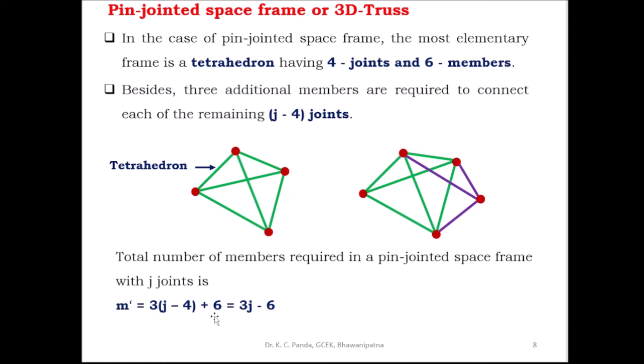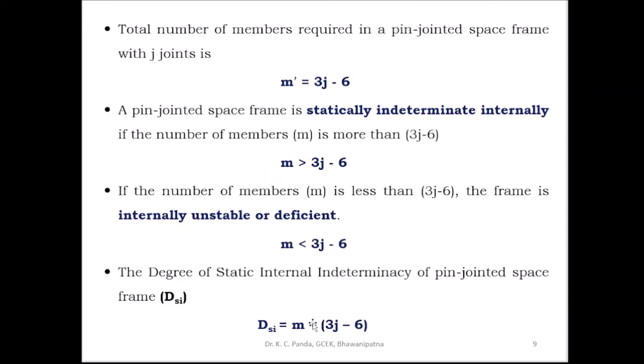So M dash is equal to 3J minus 4 plus 6, which is equal to 3J minus 6. The total number of members required in a pin jointed space frame with J joints is M dash equal to 3J minus 6.